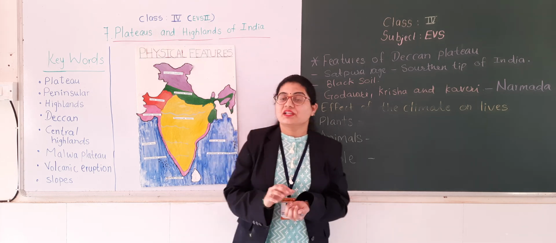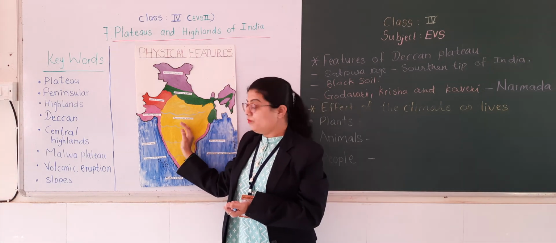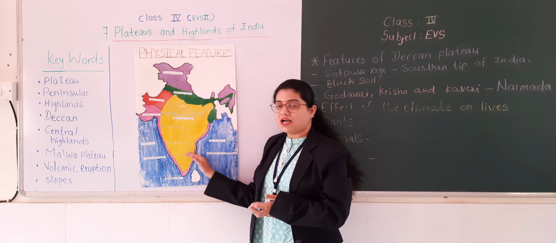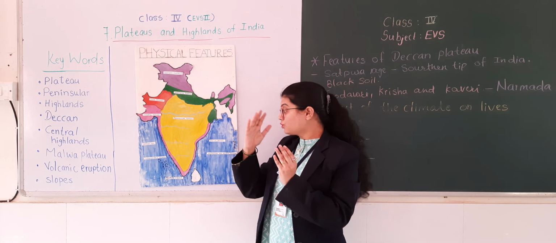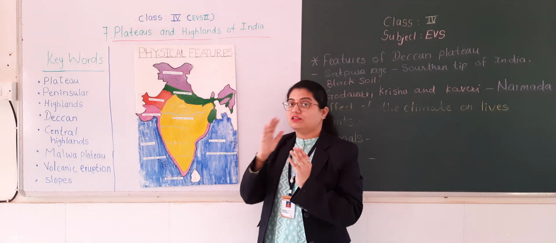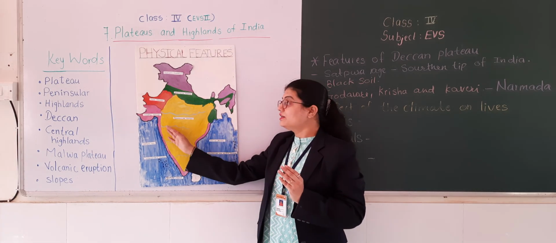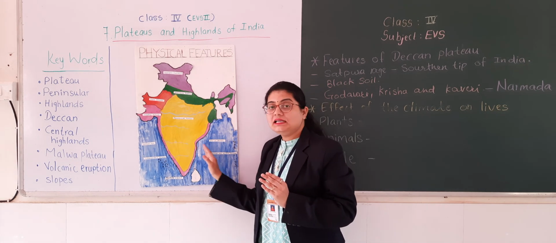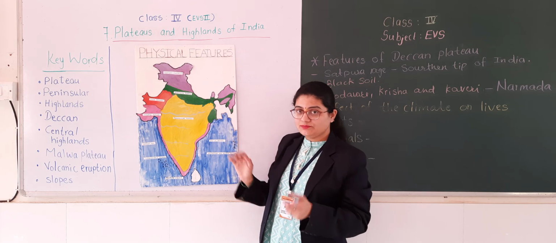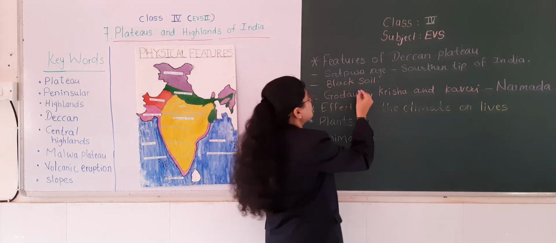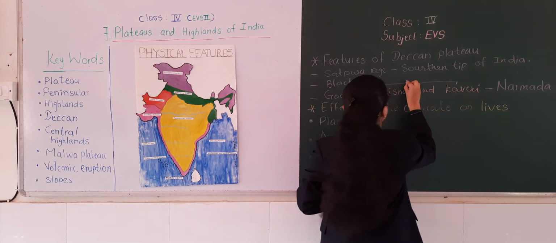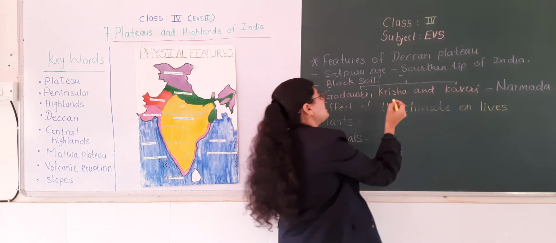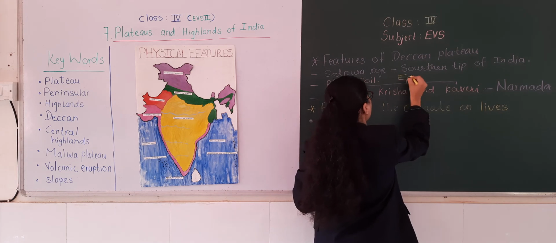Alright students, as I told you, these three rivers, Godavari, Krishna and Kaveri, flow toward the Bay of Bengal because the lands here slope towards the east. Which direction? East direction. Why is this so?